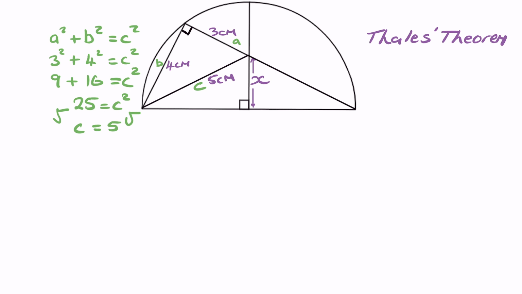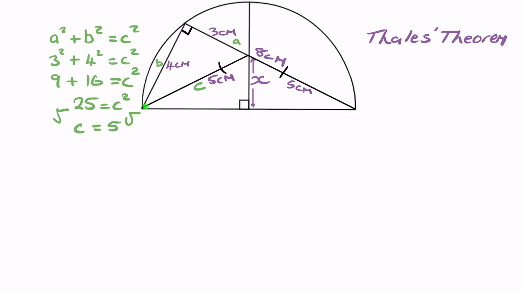And from there, we can now see that that length is the same as that length. So we've got an isosceles. That one's 5 centimetres. And so that means that this long length here is 5 plus 3, which is 8. And now we've got that length and we have this length. Well, we can go ahead and work out what this is. This is the diameter of our circle.